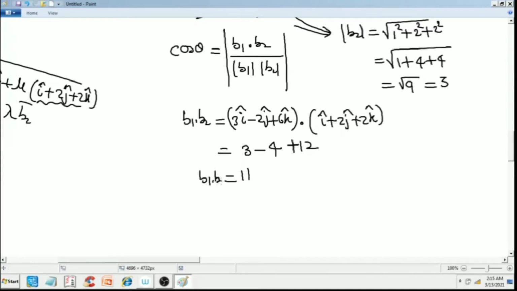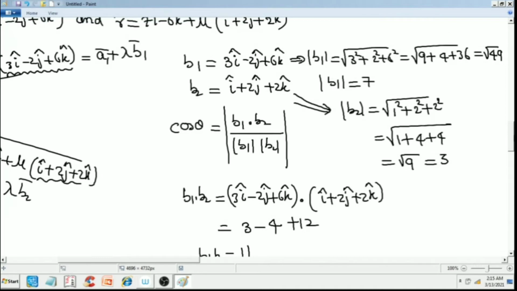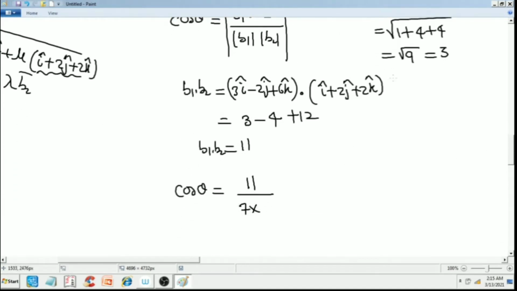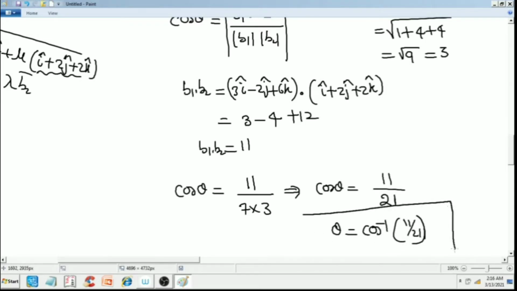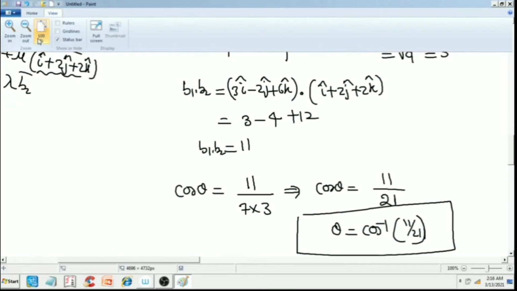So b1 dot b2 is 11. Then cos theta is 11 by (7 into 3), which is 11 by 21. So the angle between them is cos inverse of 11 by 21. That's all. This is the solution.